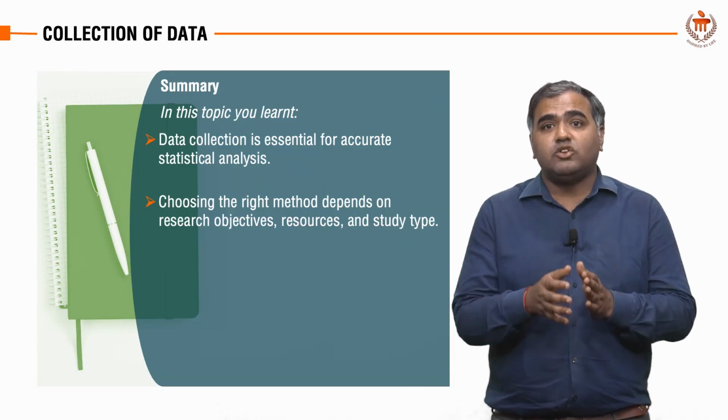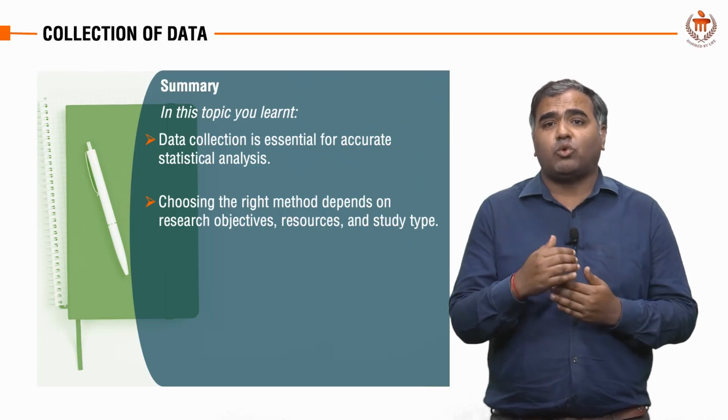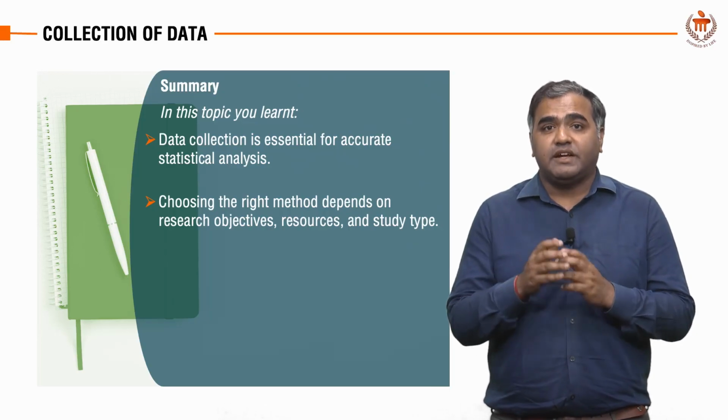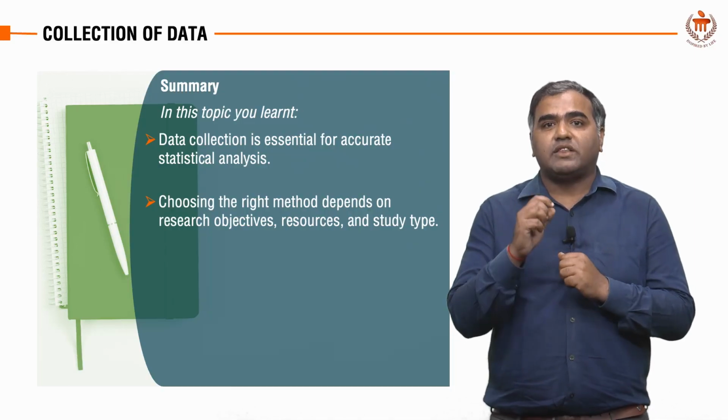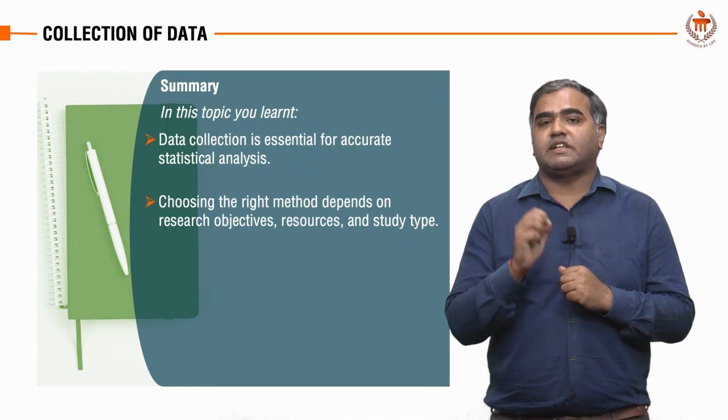So guys, whether you are working with primary or secondary data, or employing methods like surveys, interviews, or observation, it is essential to select the most suitable approach for the specific research context.